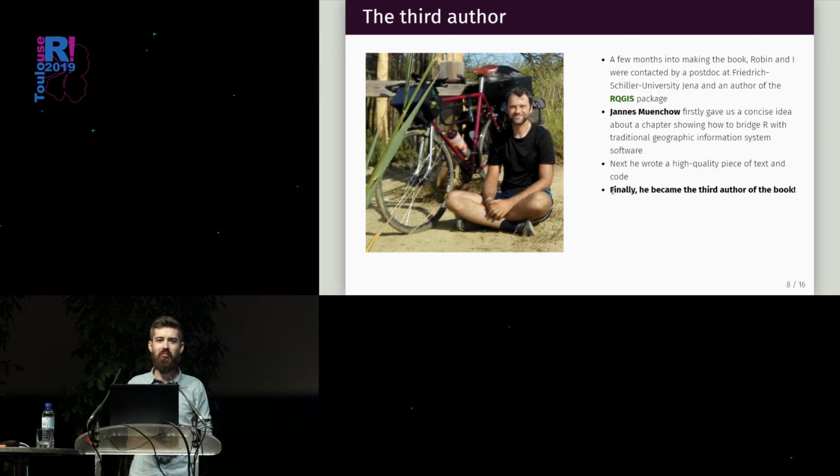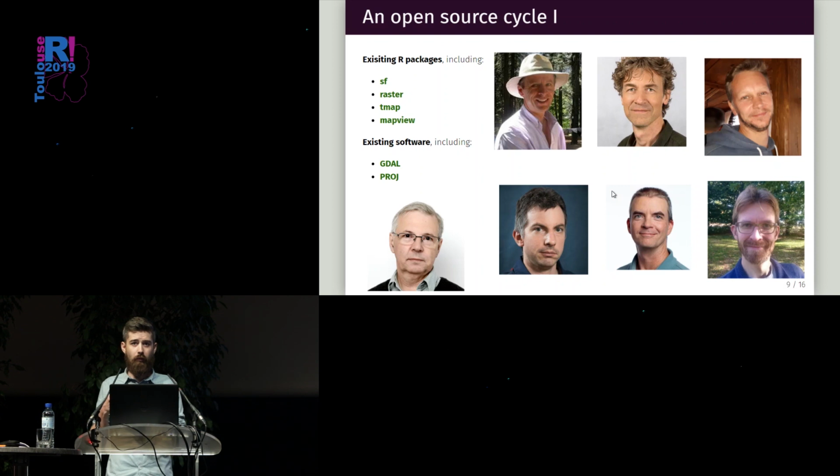And after another few weeks or months, he convinced us that his input is of such high quality that he became the third author. So it's not only about our input. So we decided to write a book. We have our outline, we have our style, we have our infrastructure. However, we cannot write a book about nothing.